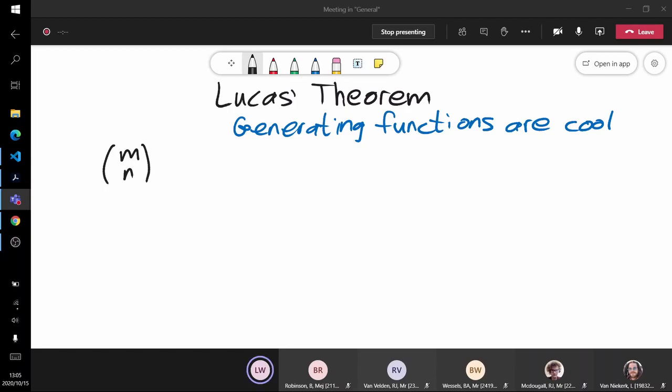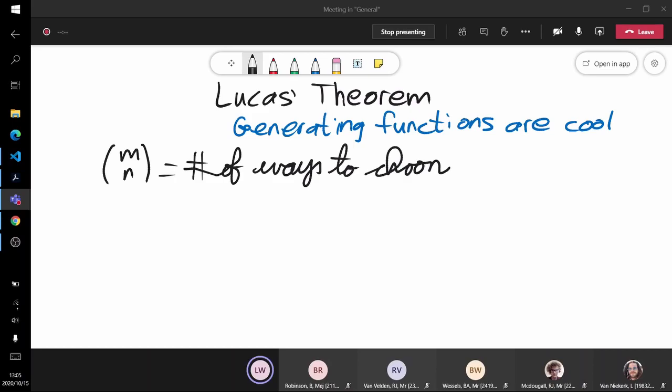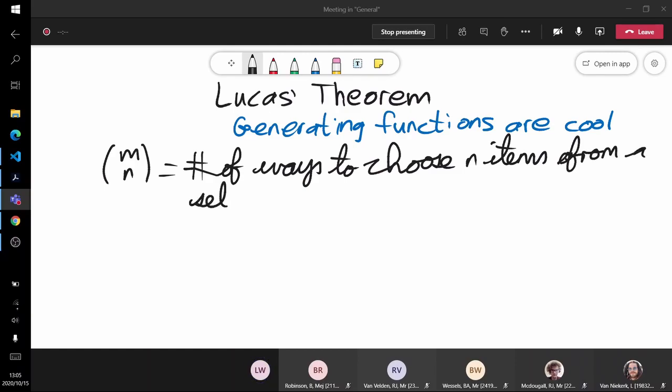South Africans usually use the notation m choose n, which is the number of ways to choose n items from a set of m items.